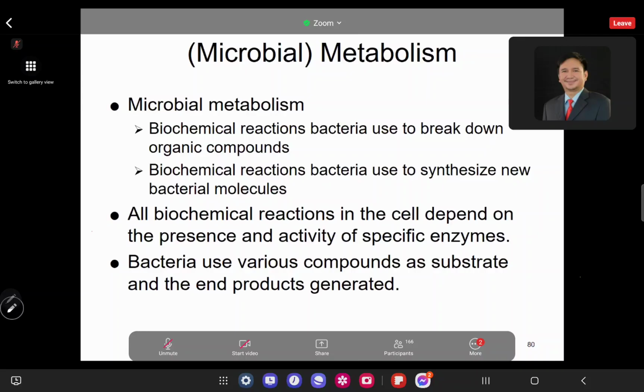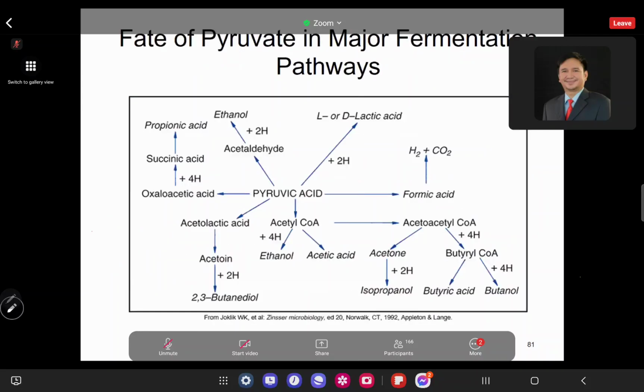Additionally, bacteria utilize a variety of compounds as substrates, producing different end products based on their metabolic pathways. These processes are fundamental to bacterial survival and pathogenicity.